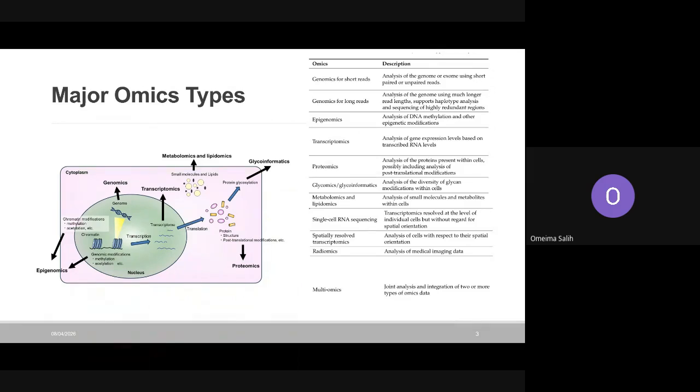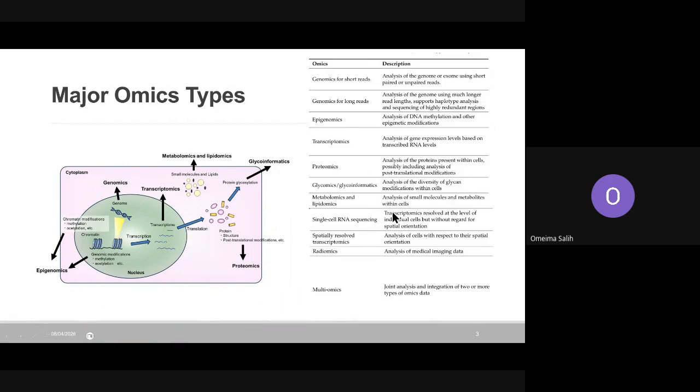Proteomics, as we already explained in the previous sessions about the different methodologies of analyzing proteins: structure, quantification, modification, post-translation modification, interaction. All these are part of proteomics.